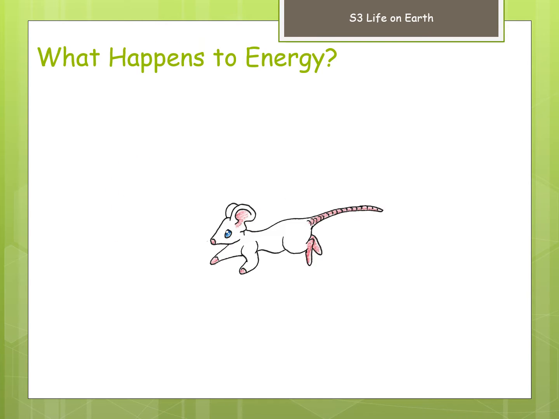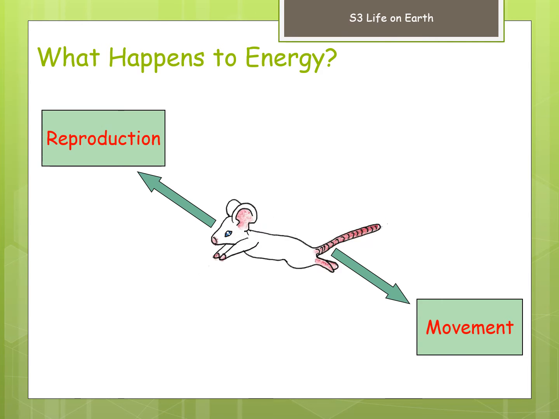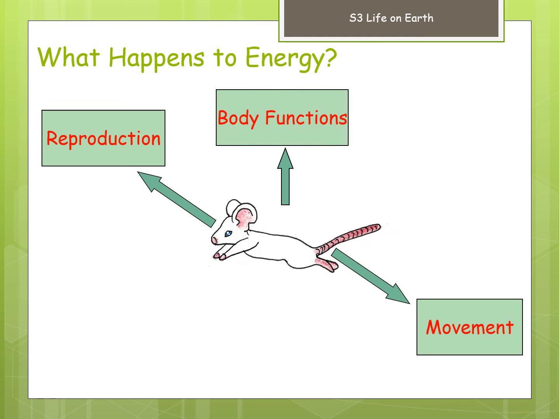They're lost. So if we use the mouse as an example, here we have it. It's had its breakfast, it's taken in lots of energy from the food it's eaten. However, as you can see, it's moving. So the energy it's using to move is not going to be passed on to the owl if it gets eaten. If it reproduces, again, that will take up energy and it can't be passed on. Body functions, so thinking, even just digestion, require energy.